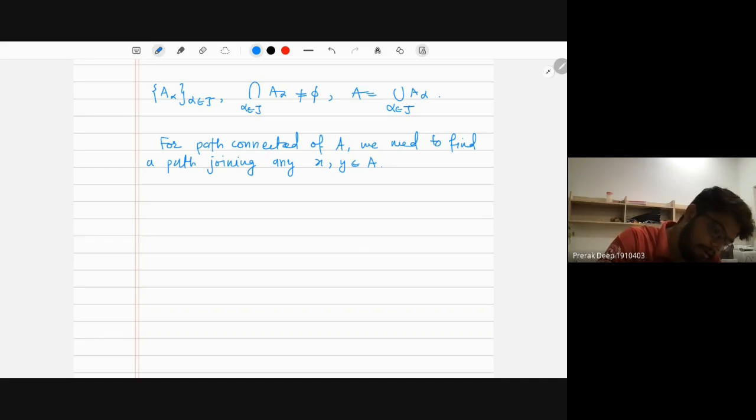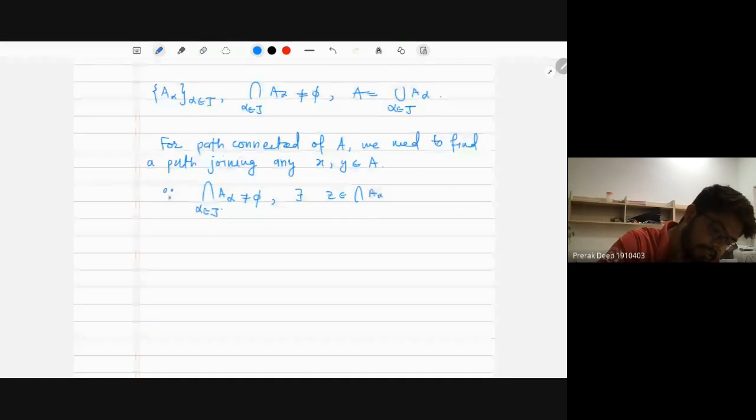So how do we do that? Given any pair of points x, y, since the intersection of A alpha is non-empty, there exists a point z in the intersection.